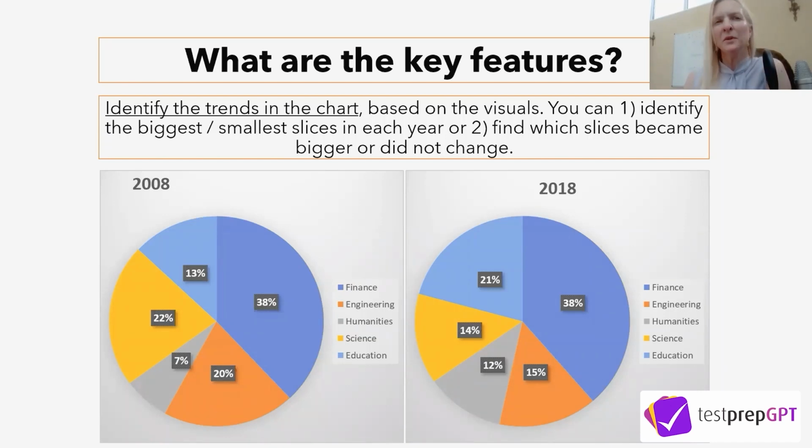Firstly, identify the trends in the chart based on the visuals. So you can, for example, identify the biggest, the smallest slices, or you can find out which slices became bigger or did not change. So those are the 2 options that you can use. So you need to categorize your information.